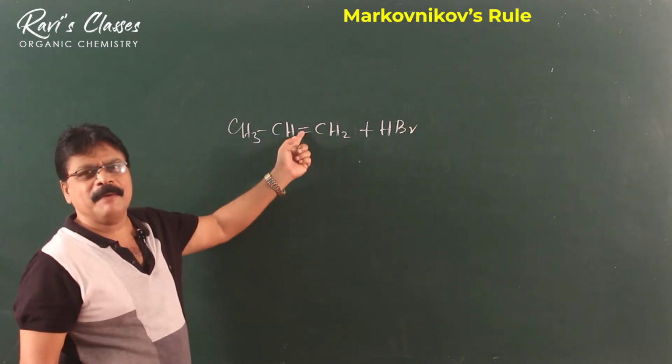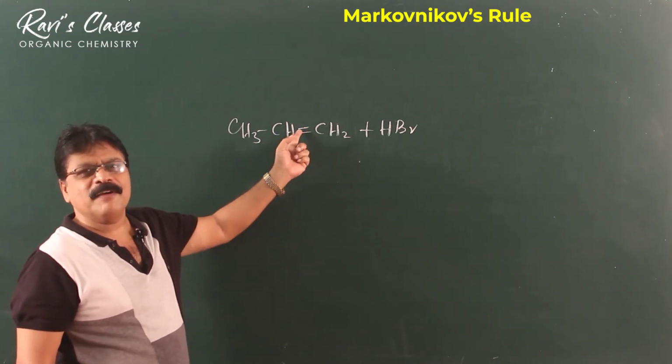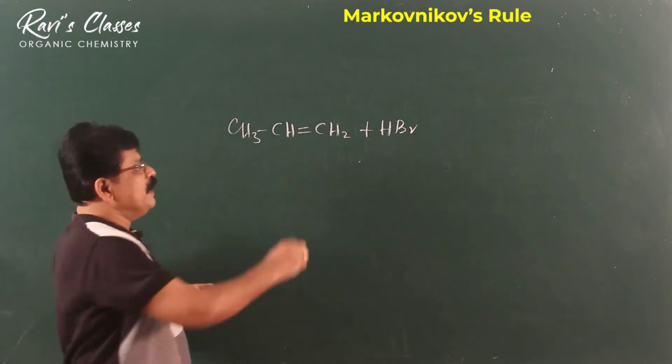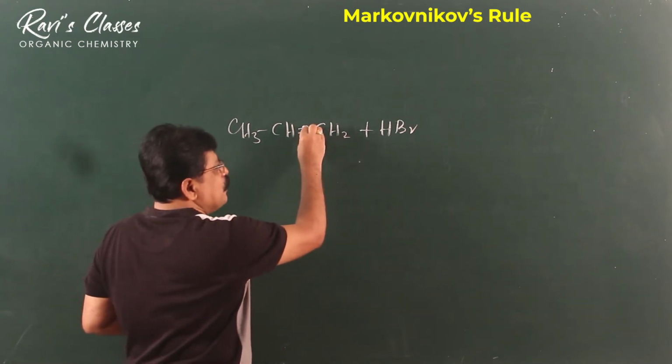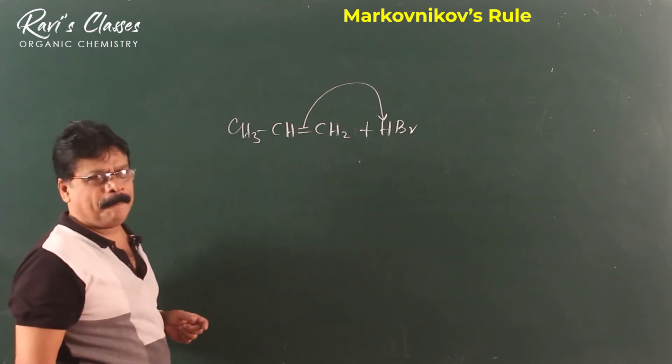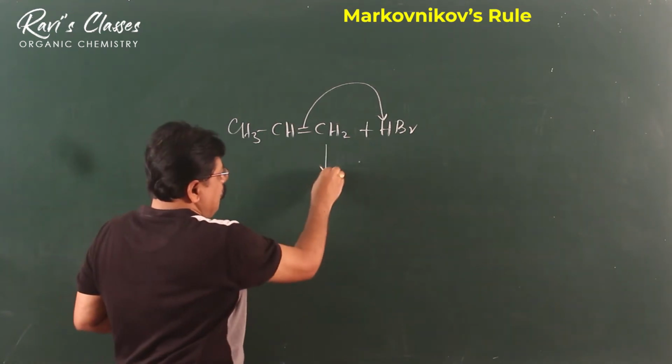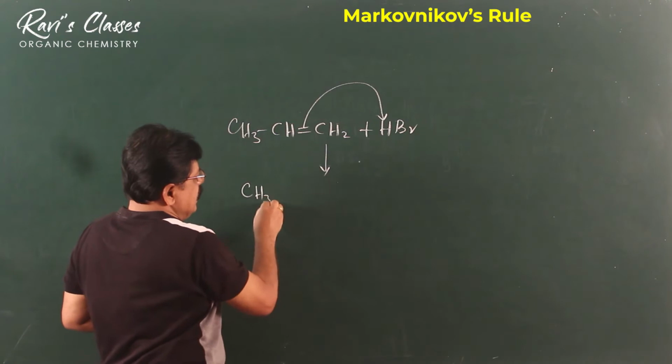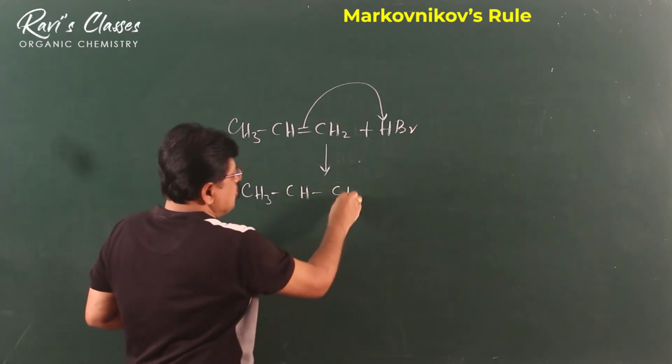How can it become stable? By somehow converting into a sigma bond. So, the driving force is that the pi electrons take up the H plus of HBr, and there are two possibilities.